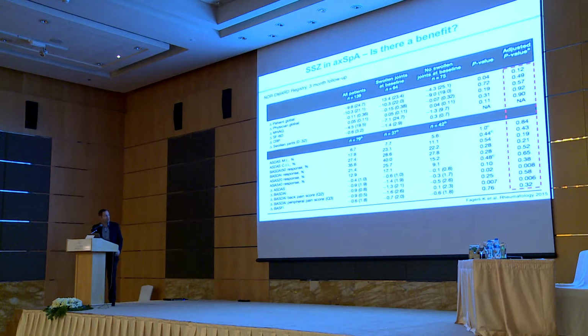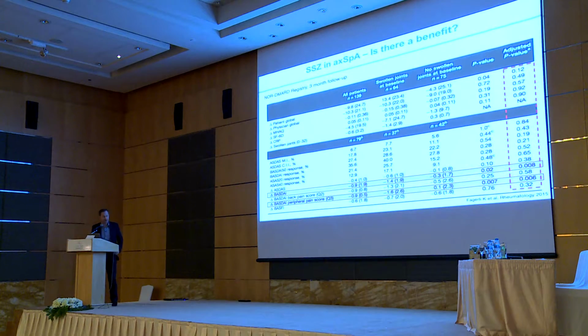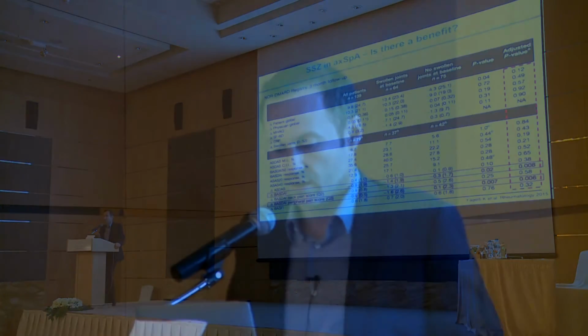They found that, and this is the adjusted p-value for the changes or improvements in response, there was only one reason to use sulfasalazine, and this was in order to improve the BASDAI score, this means the disease activity score, and especially the peripheral pain score. You see here, these are the only p values that really matter. This is something we know, as far as it doesn't really help.